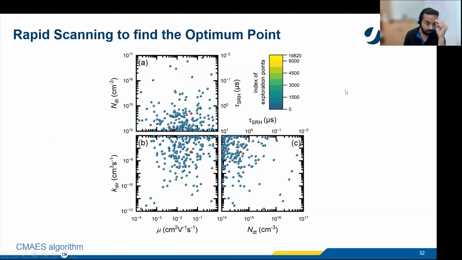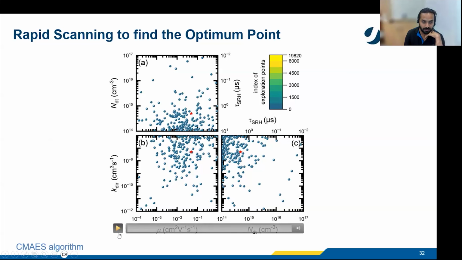To do that, the algorithm used is this CMAES algorithm in conjunction with the neural network that I just described. And here you can see how this algorithm rapidly scans the parameter space in order to hone in at the right values of these different parameters.